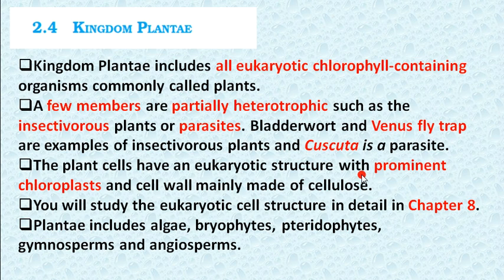Prominent meaning perfect. You will study the eukaryotic cell structure in detail in chapter number 8 of 11th biology. Plantae includes algae, bryophytes, pteridophytes, gymnosperms, and angiosperms. These are mainly the 5 classes of plants.